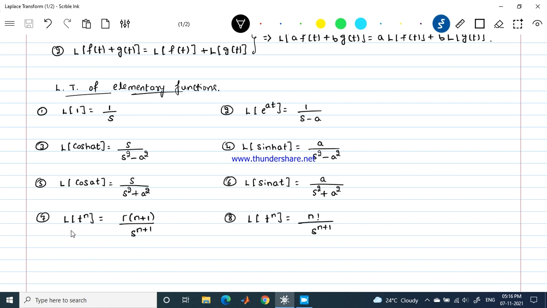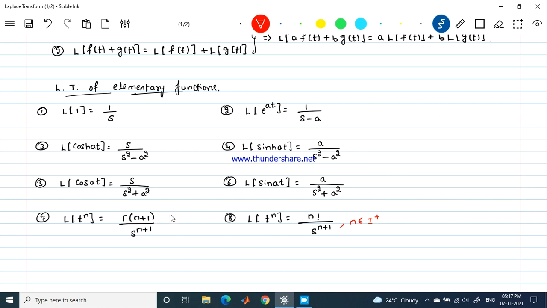This is Laplace transform of a polynomial. It's t power n. Here n cannot take negative integer. It's given by gamma of n plus 1 divided by s power n plus 1. Further, Laplace of t power n, if n is positive integer, is given by n factorial upon s power n plus 1.